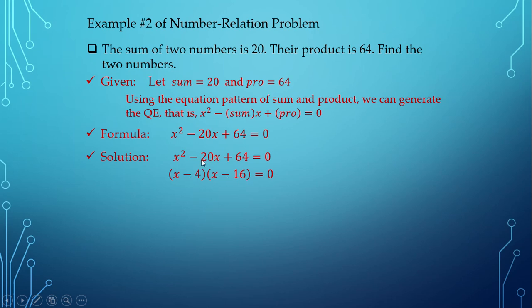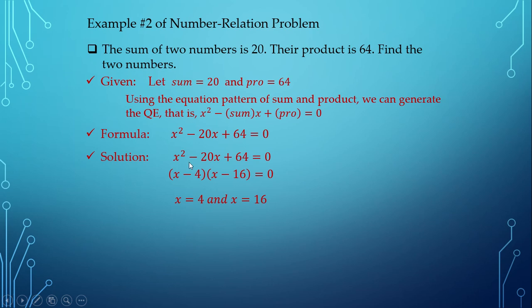Ano naman, kaya ang middle term na to, negative 20 man. So, dili pwede mga plus, plus, no? Okay, even if positive 64, so dili pwede mag plus, plus. Kaya itong middle term is negative 20. So, I use negative 4, negative 16. So, negative 4 plus negative 16, the sum is negative 20. Negative 4 times negative 16 is positive 64, product.